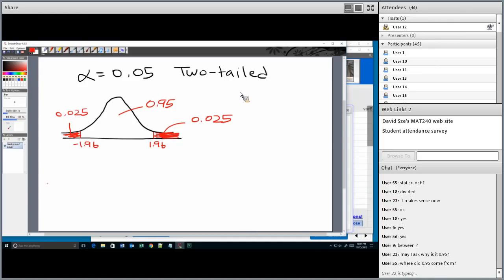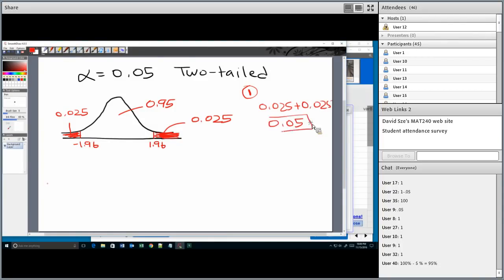That's because the total probability is what? Total probability is 1, right? Probabilities must sum to 1. So here you have 0.025, 0.025. This together is 0.05, right?